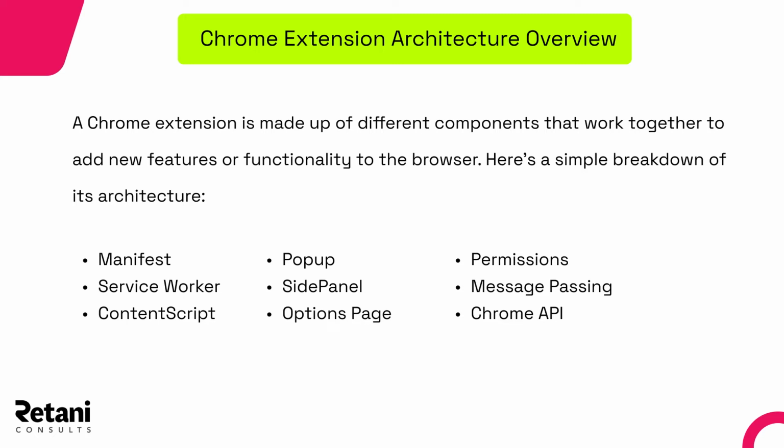Now, I won't go deep into each of these because I'm going to create individual content that will explain each topic. However, I would like to touch on some important components that play a major role in Chrome extensions. I would say the manifest is number one, because without the manifest, you can't get a valid Chrome extension package. Then you have your content script.